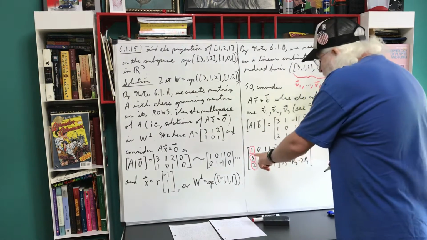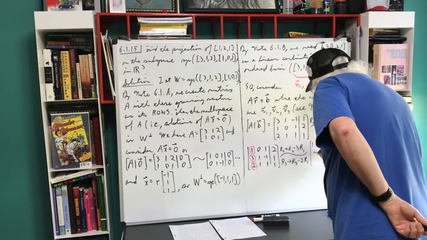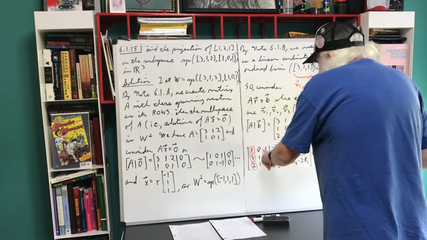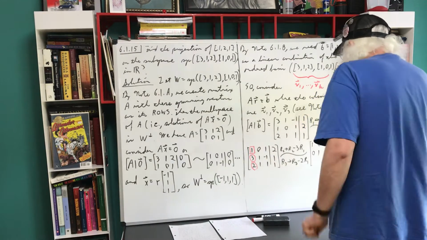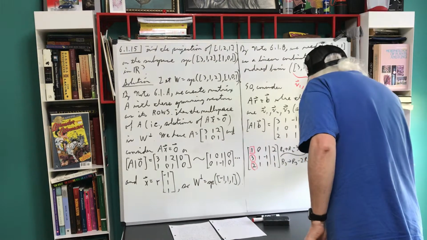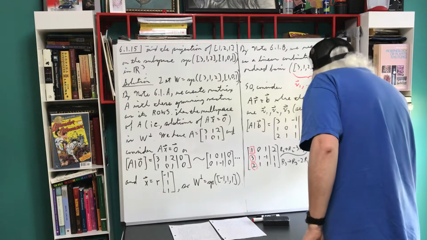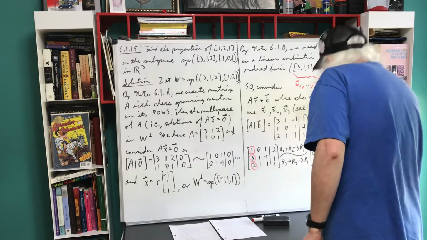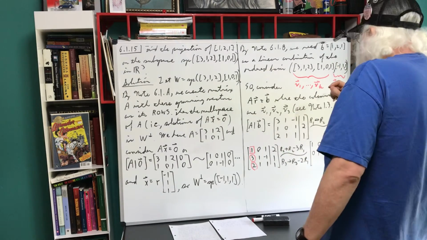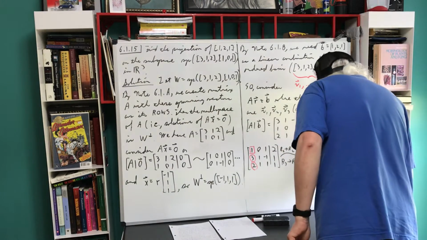Let's see, we're subtracting 3 times the first row. 3 minus 3 times 1 is 0. 1 minus 3 times 0 is 1. Negative 1 minus 3 times 1 is negative 4. 1 minus 3 times 2, 1 minus 6 is negative 5.